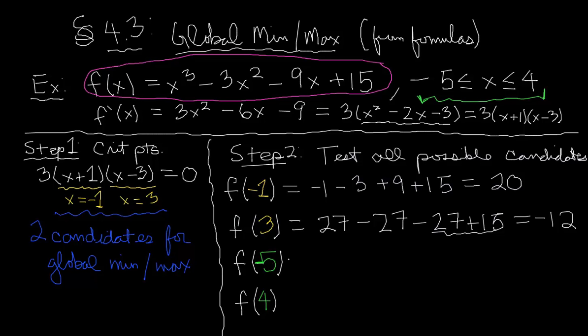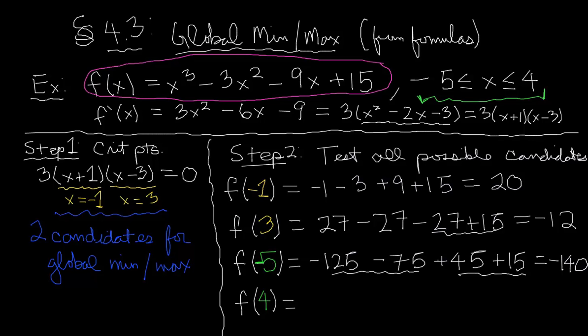Let's go to -5. -5 cubed is -125. -5 squared is 25 times 3, that's -75. -5 times -9 is 45, so positive 45, and then plus 15. This gives us -200 and 60, so -200 plus 60 equals -140.